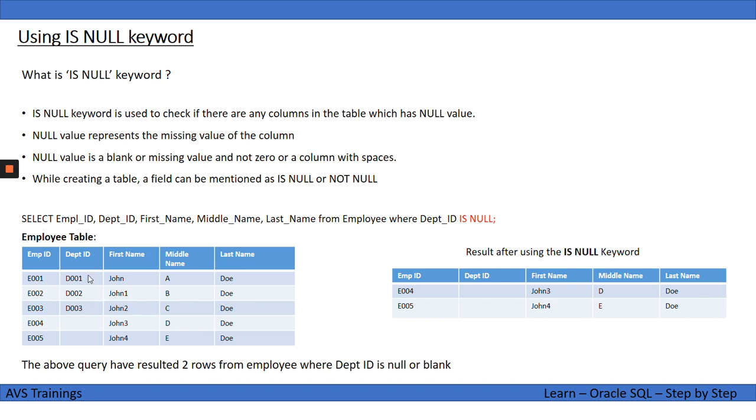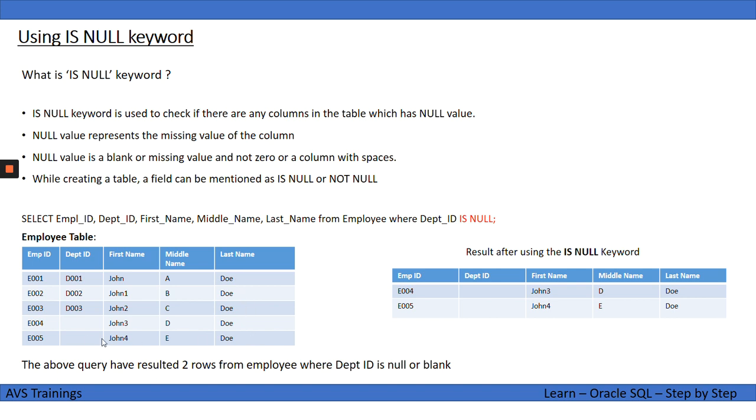So how to use IS NULL? We can write it like this: SELECT column name FROM a particular table WHERE column name IS NULL. If you see here, the employee table has 5 columns: employee ID, department ID, first name, middle name and last name, and it has some rows.